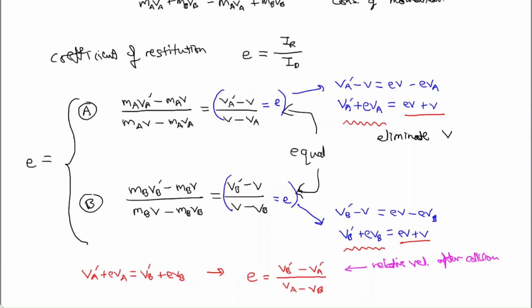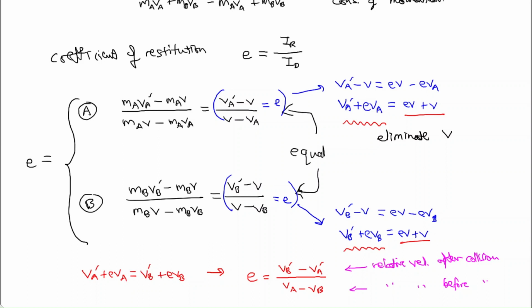If you think of A as an incoming or projectile particle, and B as a target particle, after the collision, with the primes, you can think of the target moving faster than the projectile, which is very commonly the case. And the denominator is the relative velocity before the collision. In this case it's a minus b because the projectile is probably moving faster than the target previous to the collision.